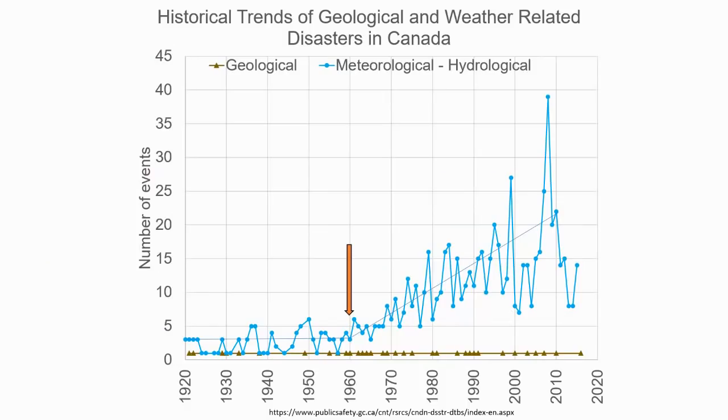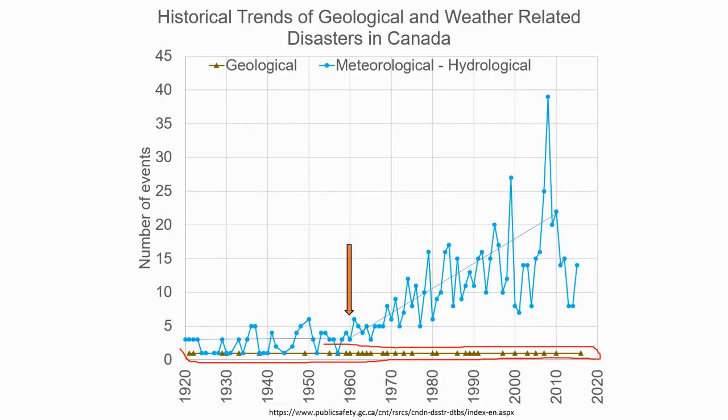I took this image, or I got the data from the Public Safety Government Canada website, and I put together the occurrence from 1920 to 2020, although the data ends at 2016 on that website. But that's what I wanted to look at, the last 100 years. And so if you look at the occurrence of geologic events, you can see that it's pretty low.